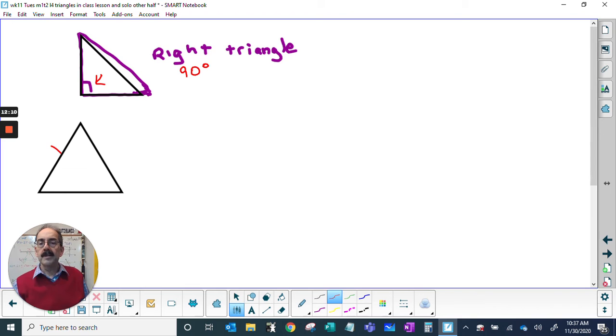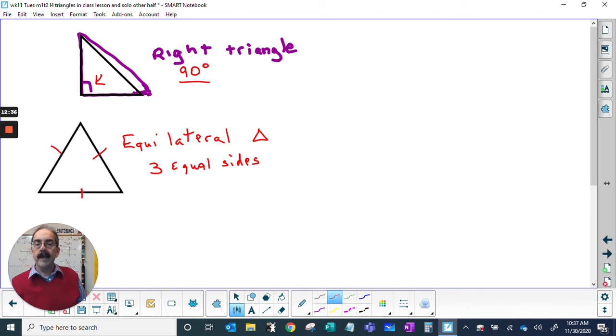Hash mark, hash mark, hash mark. Equilateral triangle. This had a 90 degree angle. This has 3 equal sides. In addition to 3 equal sides, it has to have 3 equal angles. 60, 60, 60. All right?